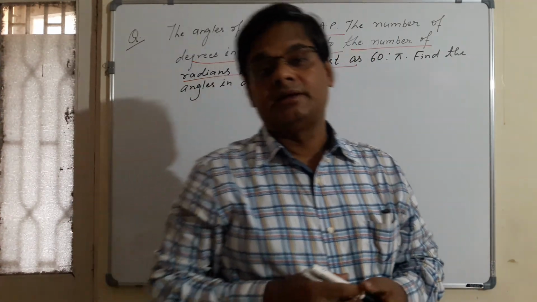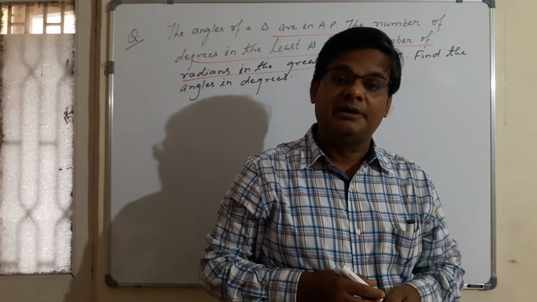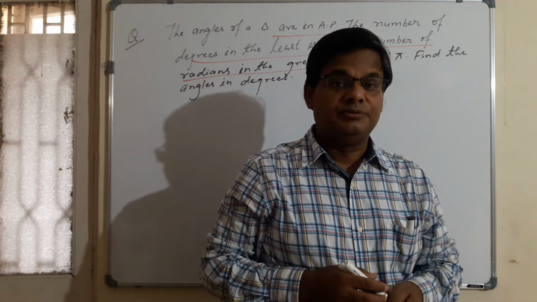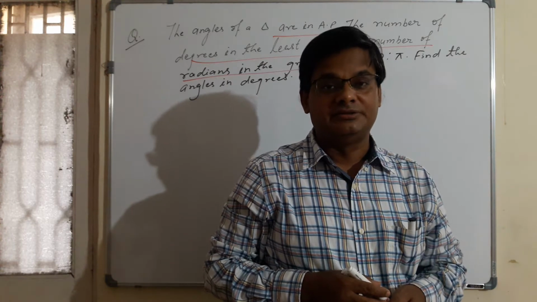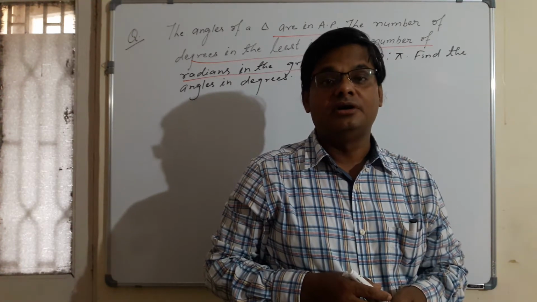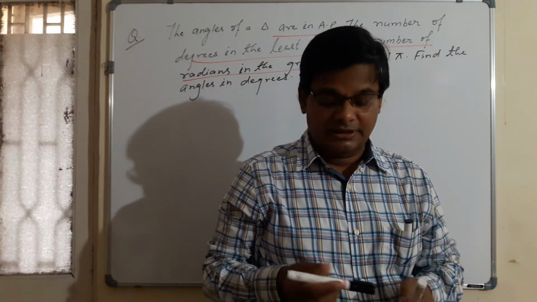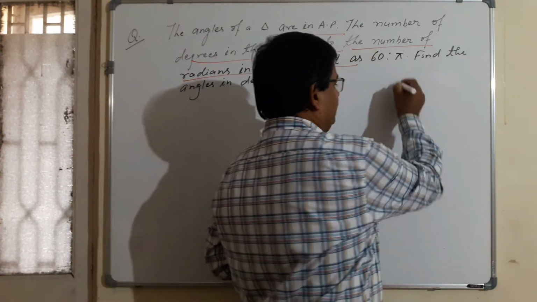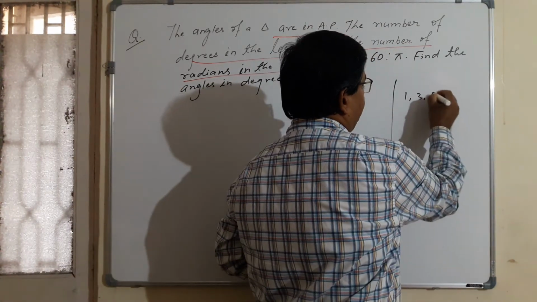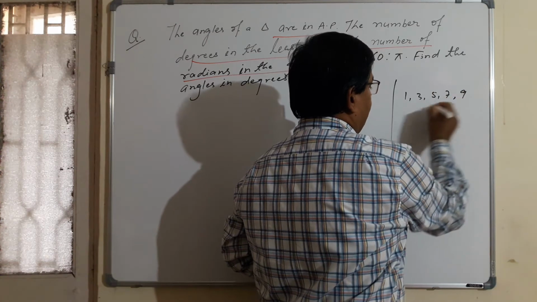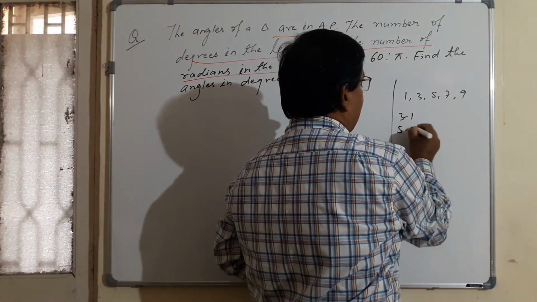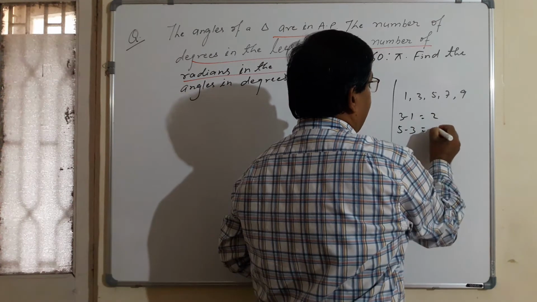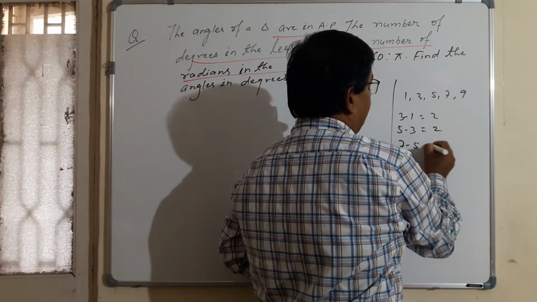You learn in class 10 arithmetic progression. We know that if the difference between two consecutive numbers is the same, then it is called an AP, arithmetic progression. Suppose 1, 3, 5, 7, 9. The common difference is the same: 3 minus 1, 5 minus 3, 7 minus 5, 2.